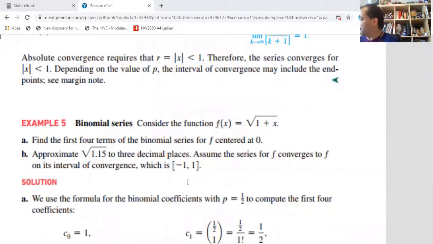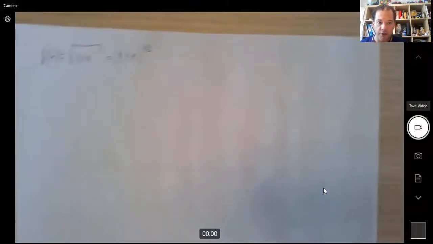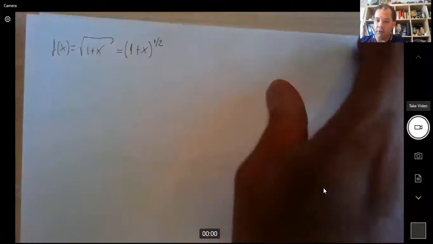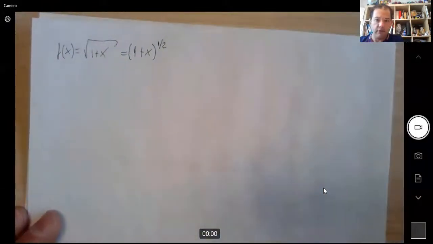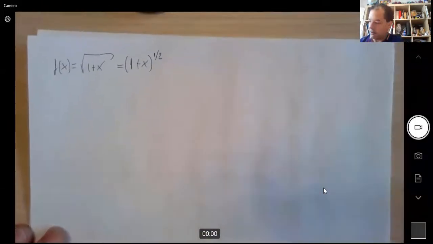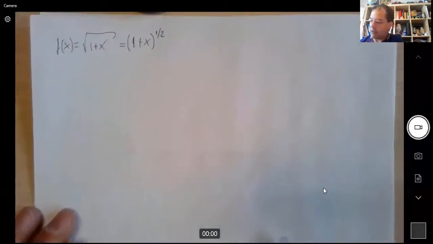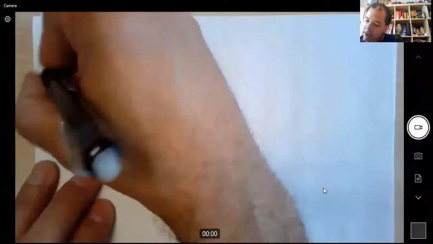All right, so let's see if we can do it. Our function is the square root of 1 plus x, which we can rewrite as 1 plus x to the power 1/2. Okay, so here's our function, and we want to write down the power series. So it's the Maclaurin series.